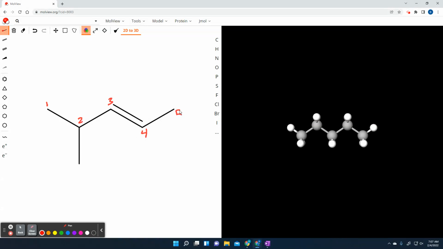And we've been saying, okay, well, you want to make the branch numbers the smallest. Well, we also want to make the bond numbers the smallest. And as it turns out, the bonds take precedent, meaning I want to look at the molecule based on the bond first. So I wouldn't number this from the left side. I would have to number it from the right side. So that's carbon 1, carbon 2, 3, 4, and 5.